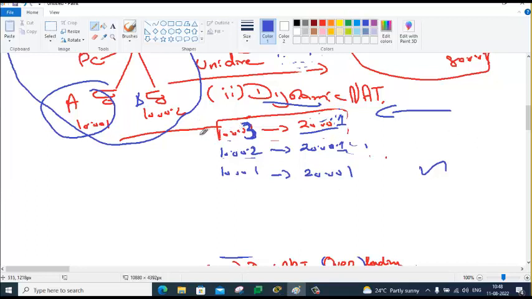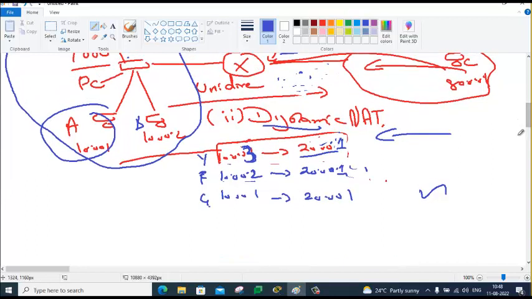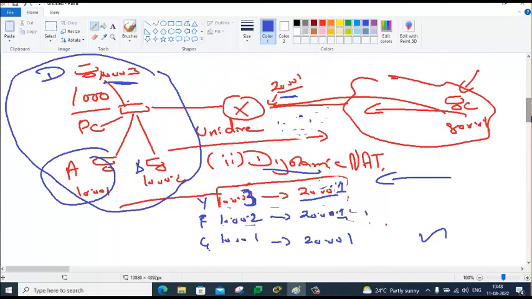This D is asking for Yahoo. B is asking for Facebook. G is asking for Google. Now, Google, Yahoo, and Facebook, they are receiving the packet from which address? One, correct?